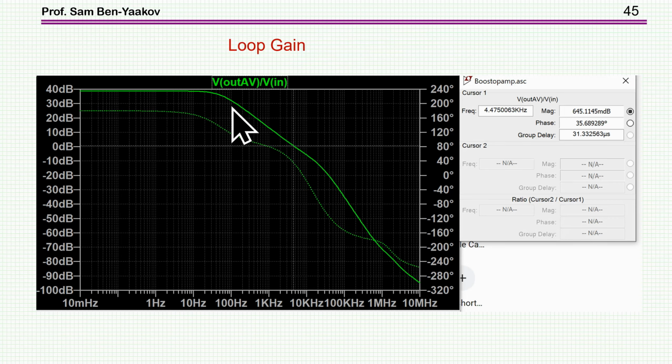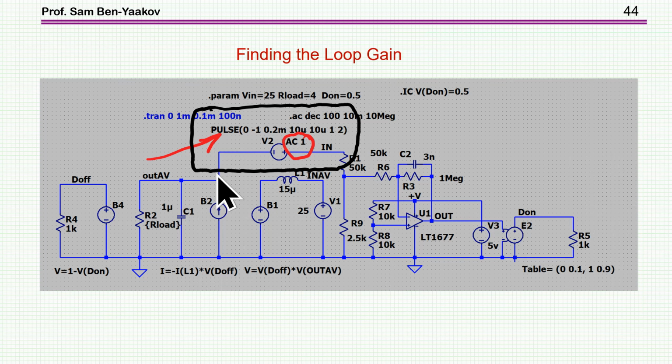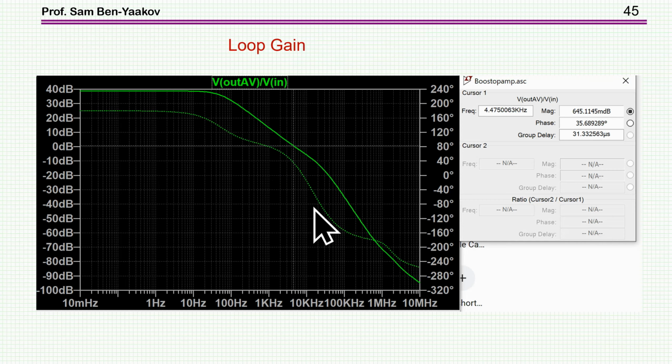So now I look at the ratio of out to V in again. This is here and here. This is like the in, and this is all the way up to here. And here is what I'm getting. So this is the loop gain, and 0 dB is here, and this is the phase shift, which is not that hot, okay?